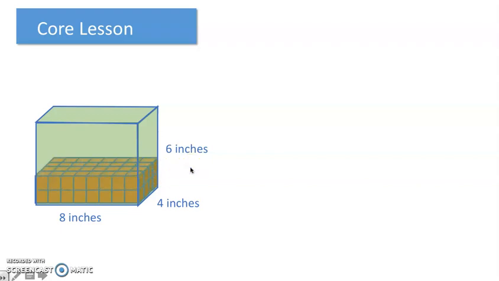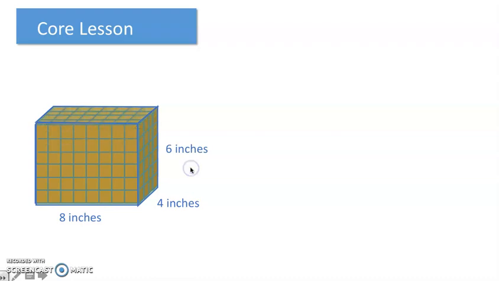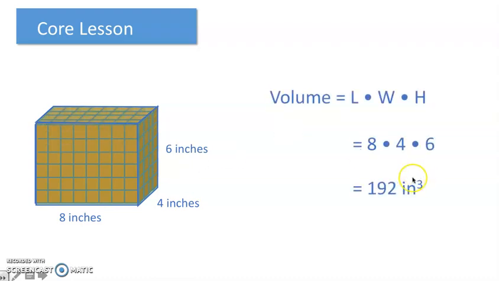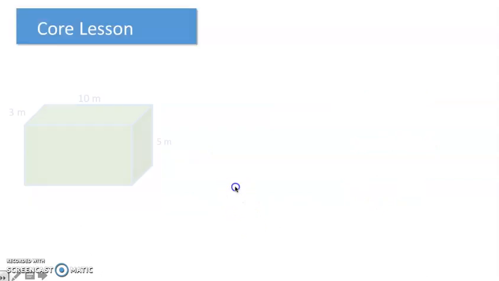That's going to be multiplied by 6 because our height is 6. And when we use our volume formula, we can see that the volume of this rectangular prism is 192 cubic inches. And that's how you would read this final answer, 192 cubic inches.